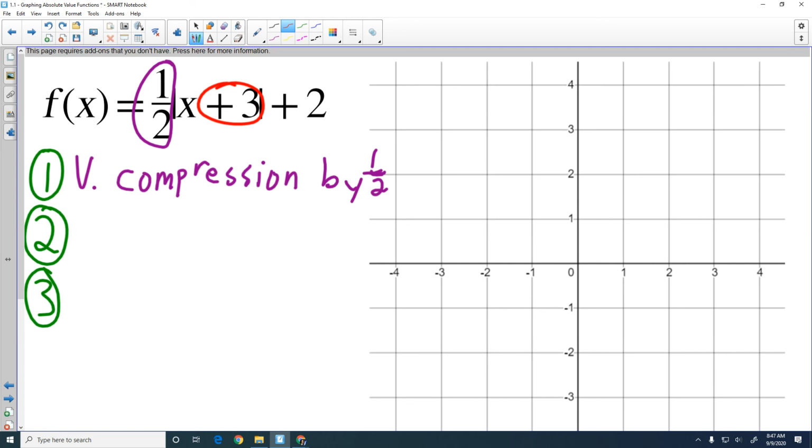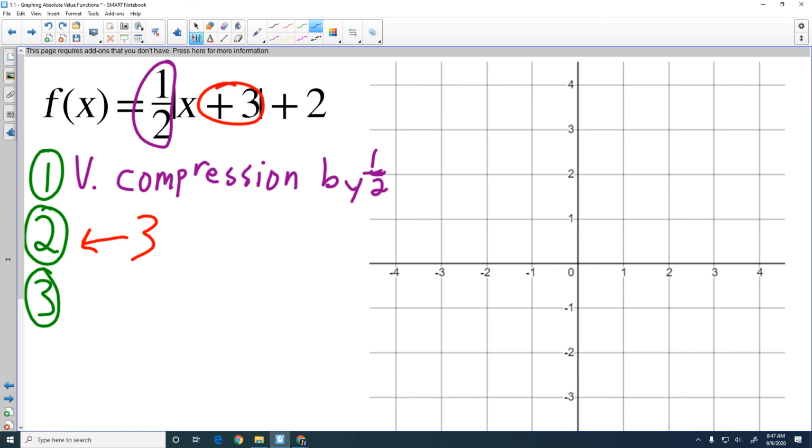It's inside of those absolute value bars. So it's going to be a horizontal translation. So it's going to move left or right. That says plus 3, but for the x direction, you always flip the sign. Even though it's a plus 3, we actually are going to move it to the left 3 units. It just changes, just for that x direction.